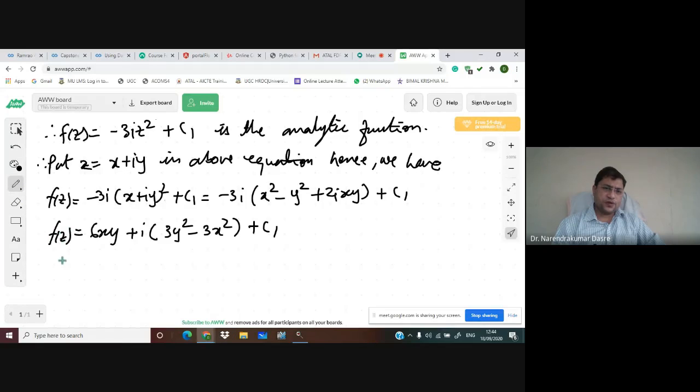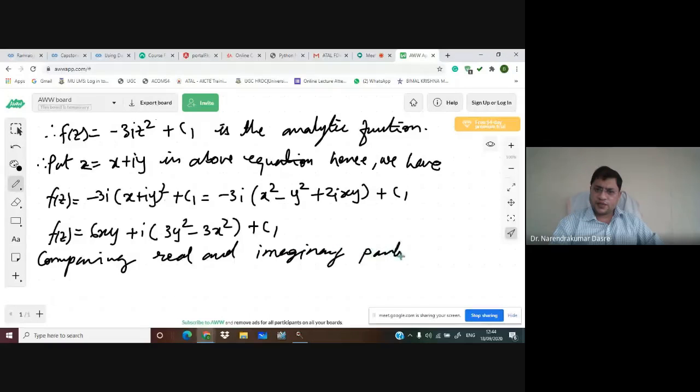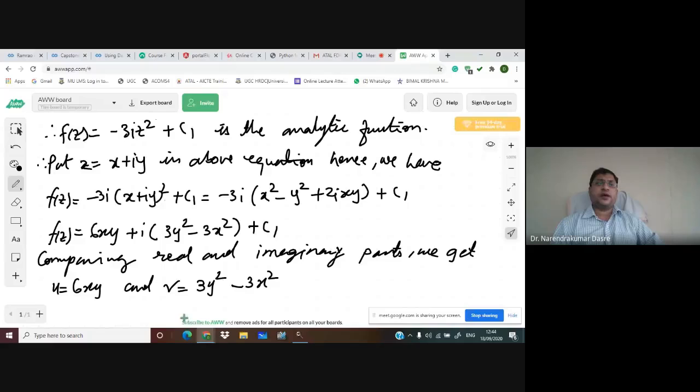So this is f of z, and hence comparing real and imaginary parts, we get u is equal to 6xy and v is equal to 3y square minus 3x square. So here we are able to get the real and imaginary part, and now we have to write the orthogonal trajectories. So are you able to get up to this one?